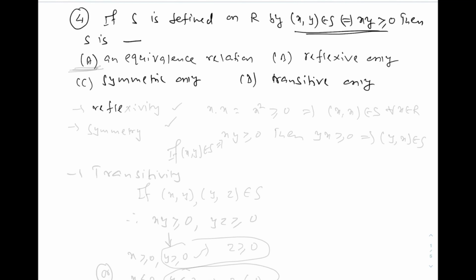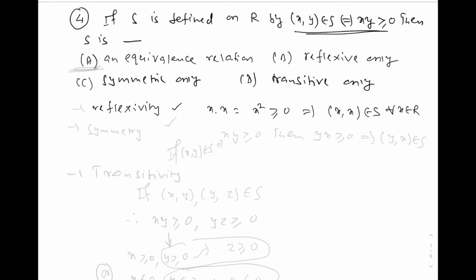See, reflexivity is there, because we know the product xx is x square and is always greater than or equal to 0. So this would imply xx belongs to S for all x belongs to R. So reflexivity is surely there.